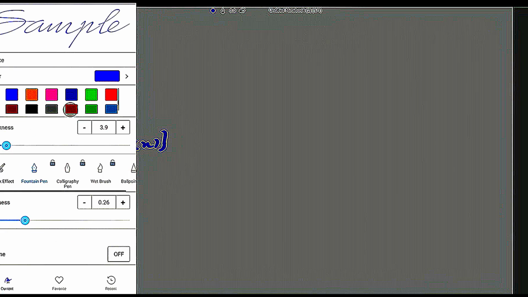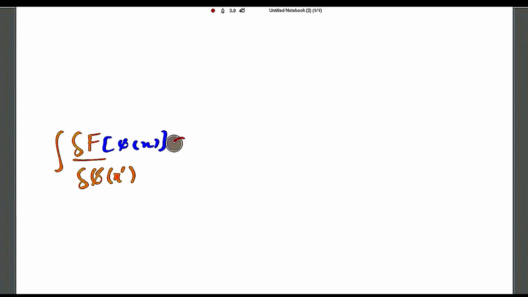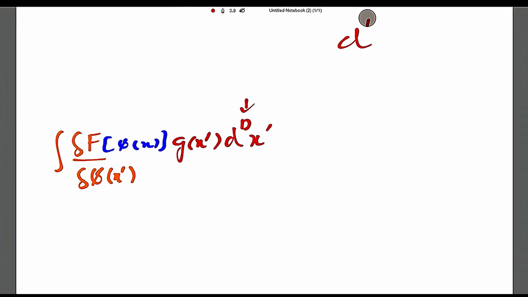Now we will continue. It's g of x prime, which is a test function. You can name it h of x prime or p of x prime, whatever. I personally like g, so we can write g of x prime. And since the functional that we have in question is like d of x, that is why we are using the similar situation here.